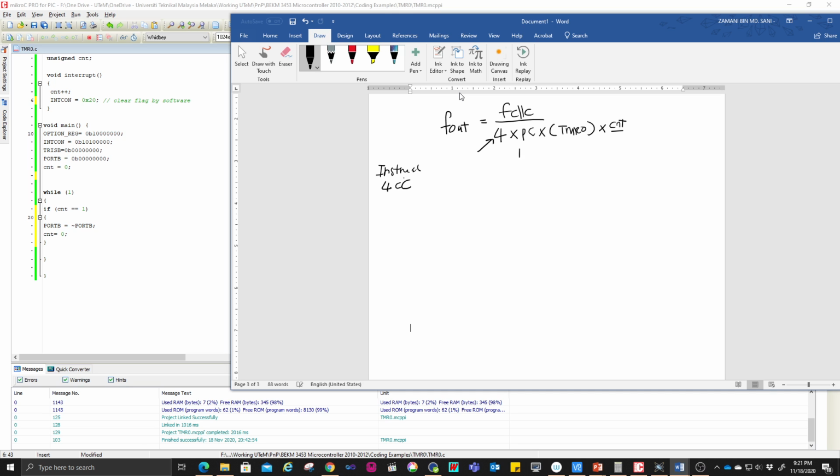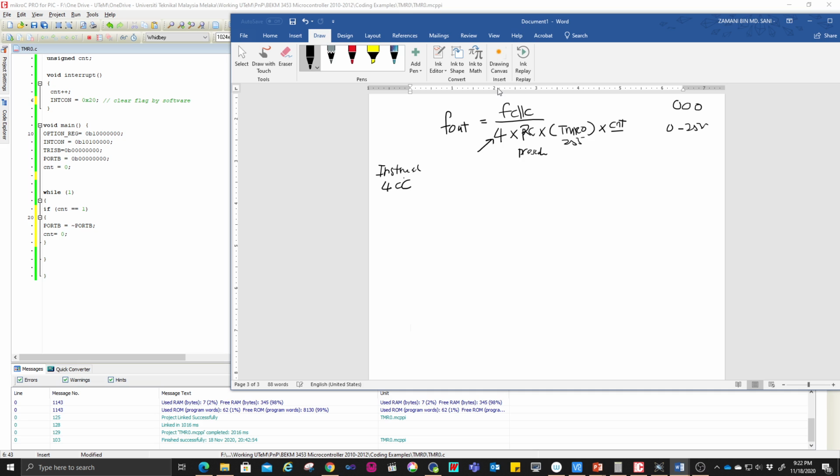PC is prescaler. This is the one that you select. For example, just now the last 3 bits are 0, 0, 0, and this is going to be 2. For timer 0, how many bits is it counting until it overflows? For this case just now, it goes from 0 to 255, so the whole value will be 255.